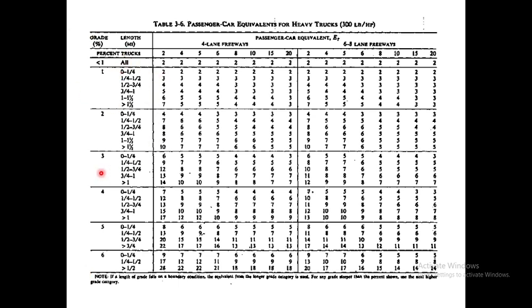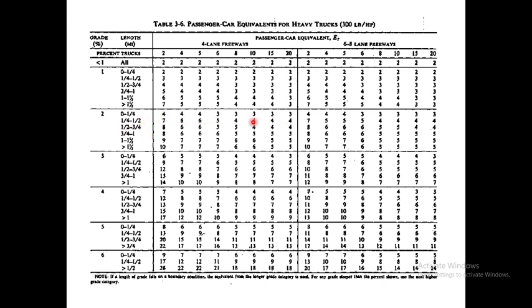All right. For example, these are definitely given information. If we mention that the grade is 2% and the length is between 1.2 and 3.4 miles, you know you have to come to this row, and it is a 2-lane freeway, so you know you have to use the left side of the table. Okay, in this row you can find it.